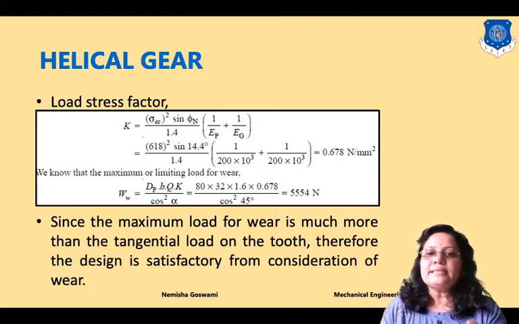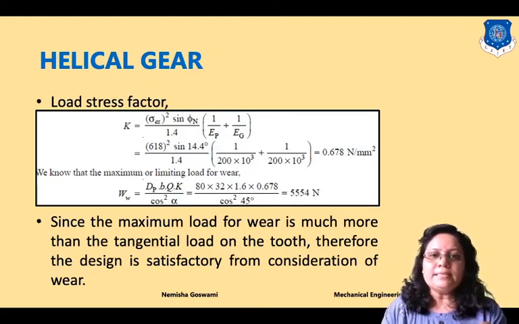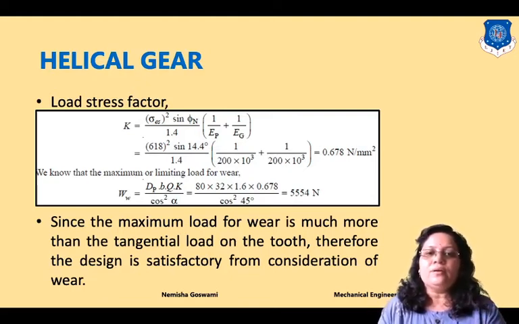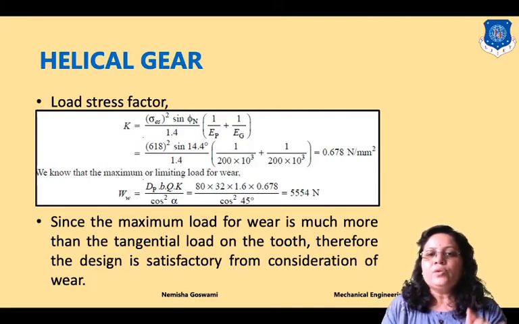Okay. So next step is we will find the maximum or limiting load for wear. It means what value comes in the wear condition. If this value is less than the given load, what will happen? Our design is not safe and it will fail. Okay. So here Ww is equal to d P b Q K divided by cos square alpha.